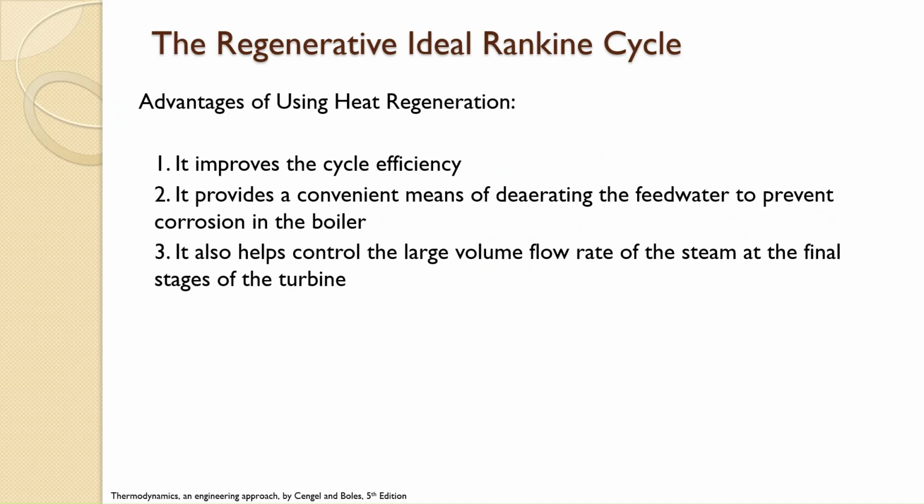It helps in controlling the large volume flow rate of steam at the final stages of the turbine, ensuring better performance and preventing excess pressure that could damage the turbine. This approach makes the regenerative cycle a crucial improvement over the standard Rankine cycle, enhancing both efficiency and operational longevity.